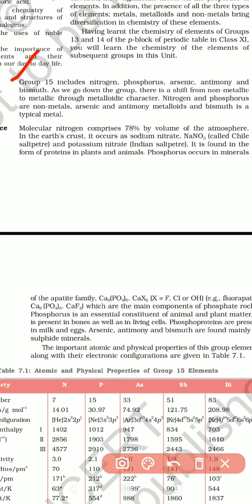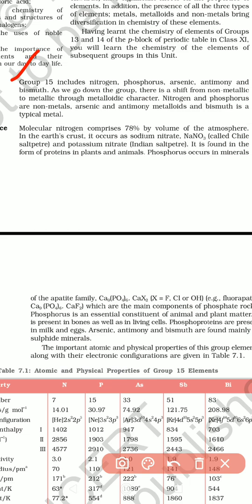That means from top to bottom, metallic character increases, and moving from left to right, non-metallic character increases. There is a shift from non-metallic to metallic through metalloidic character.